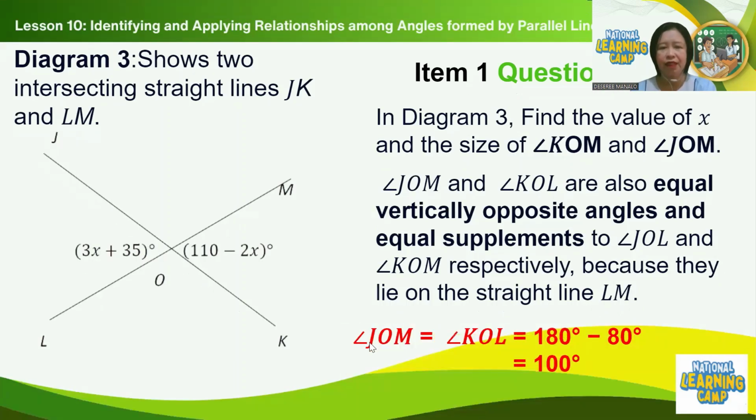So angle JOM is equal to angle KOL. They are vertically opposite also, so they are equal. 180 degrees minus 80 degrees is equal to 100 degrees. So angle JOM and angle KOL is equivalent to 180 degrees.